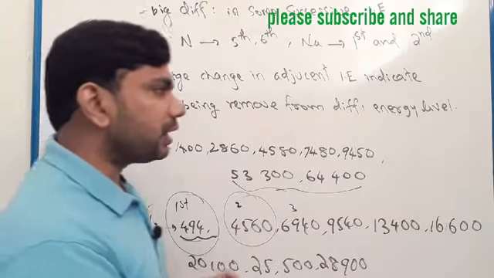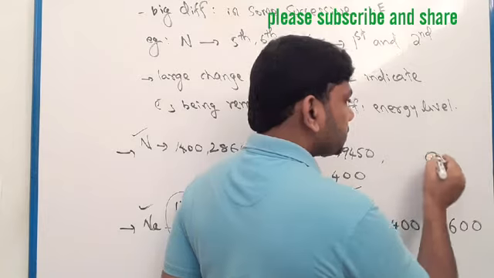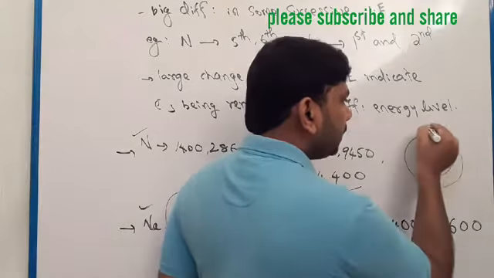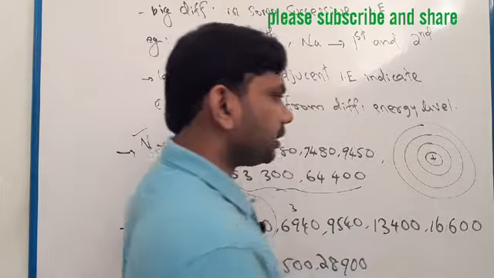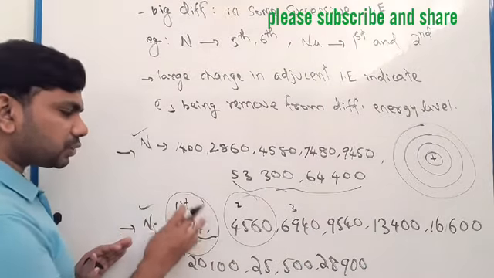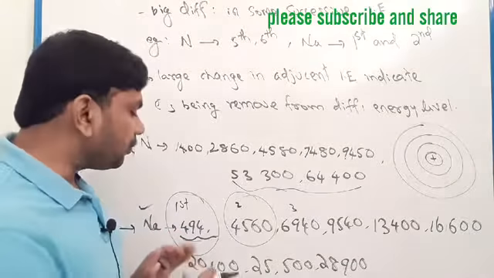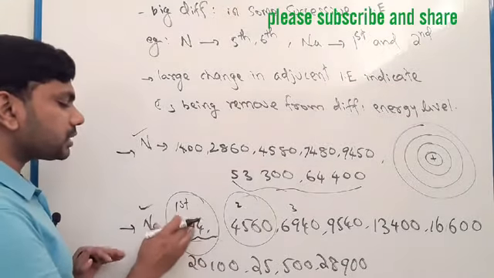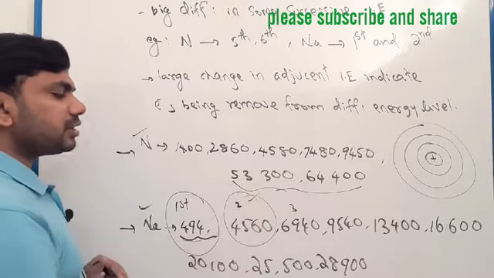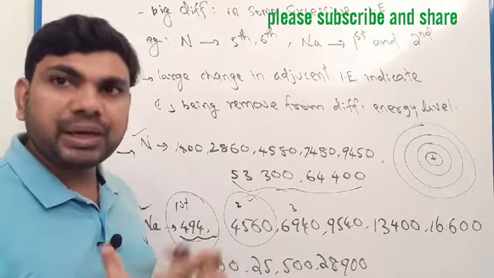We know what is energy level. Okay, we discuss first nucleus energy level, first energy level, second energy level, third energy level, etc. Okay, so in case of sodium, here first outer shell electron, amount of energy required to remove first outer shell electron. This is first ionization energy, and this is second ionization energy. When we observe this data, there is a big difference.